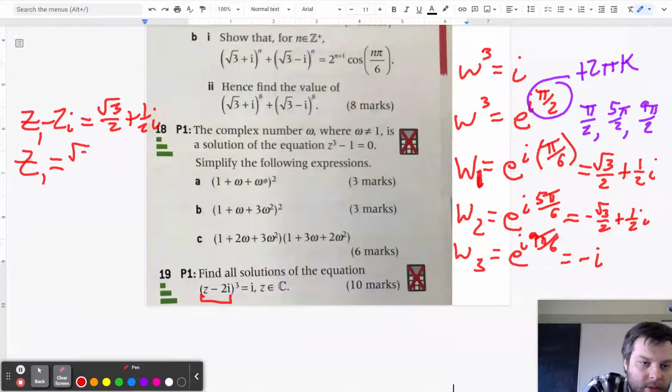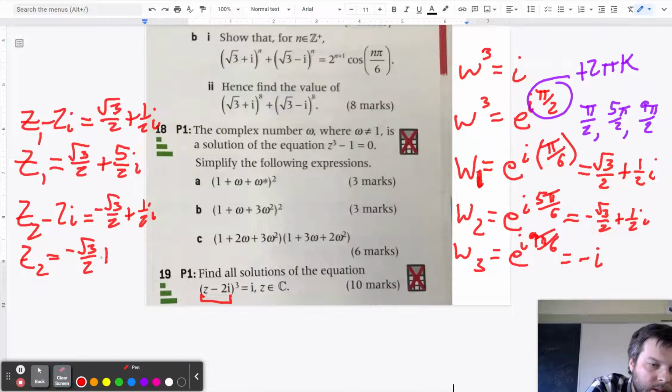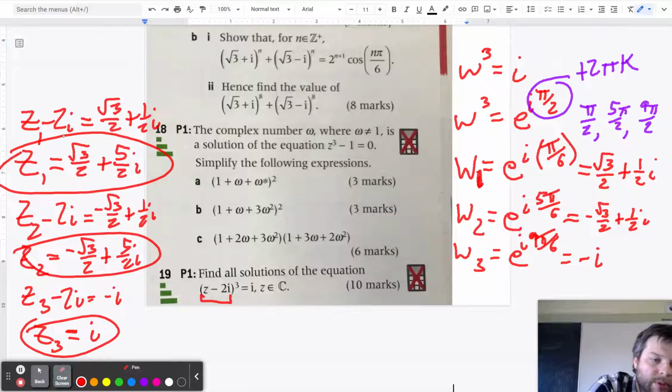So z1 is √3/2 plus 2i, which gives me 5/2 i, or 2.5i. z2 − 2i equals −√3/2 + (1/2)i, so z2 equals −√3/2 + (5/2)i. z3 − 2i is −i, so z3 is equal to positive i. And those are my three roots right there.